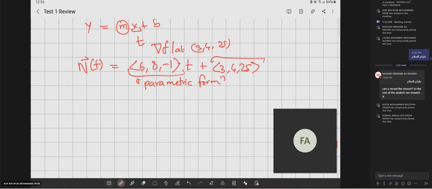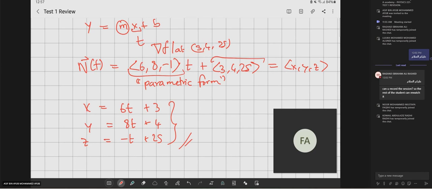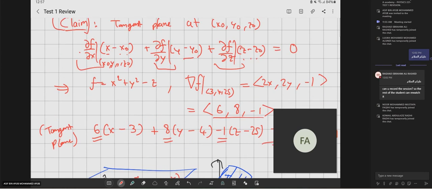And from this, if I say that this is x, y, and z, I can express this in terms of x, y, and z. So x is 6t plus 3, y is 8t plus 4, z is minus t plus 25. Okay, so that's the end of this question.